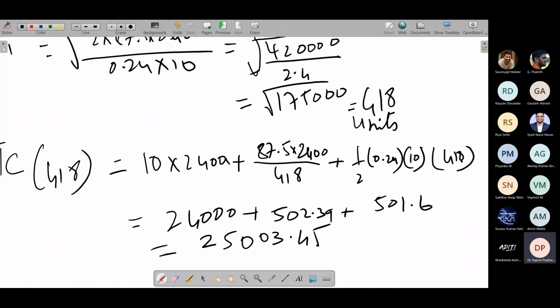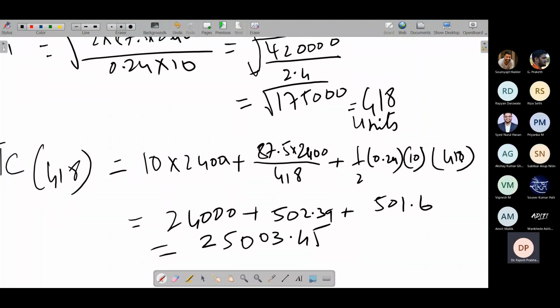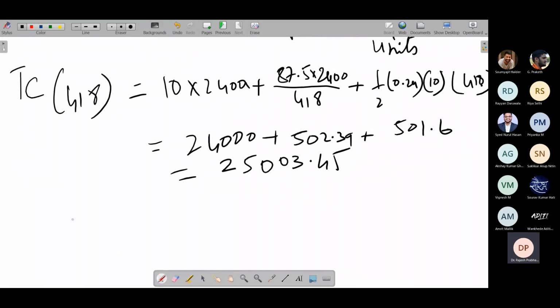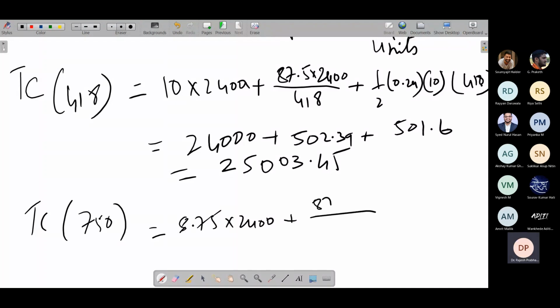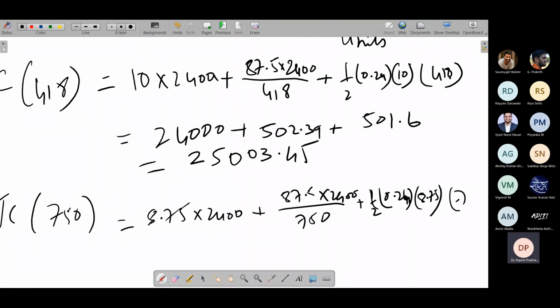Similarly, we can calculate for 750 units, the minimum purchase quantity for price 8.75. The TC for 750 units is 8.75 into 2400 plus 87.5 into 2400 by 750 plus 1 by 2 into 0.24 into 8.75 into 750.